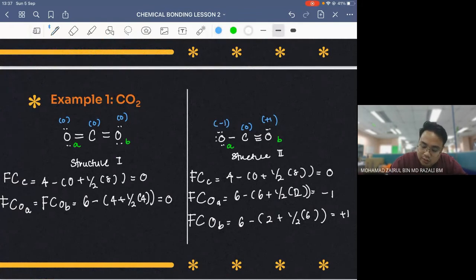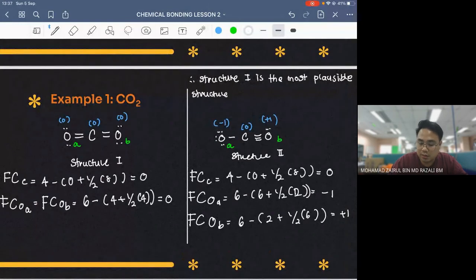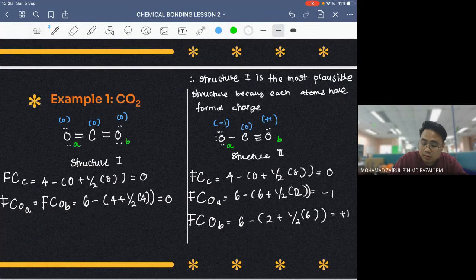So, conclusion: structure 1 is the most plausible structure, because each atom has formal charge equal to 0.